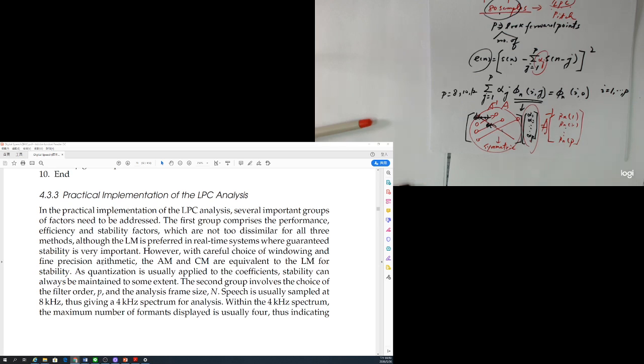So we come out with the equation, which becomes the inverse matrix. However, we have three methods. One we call the autocorrelation method.